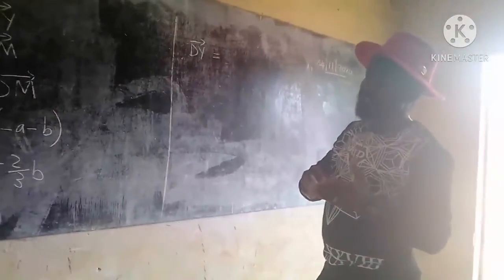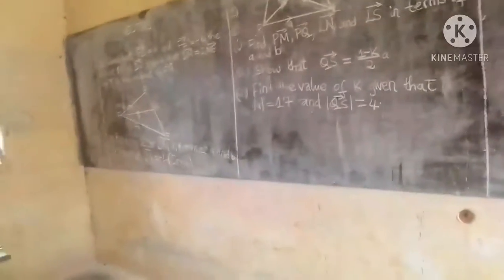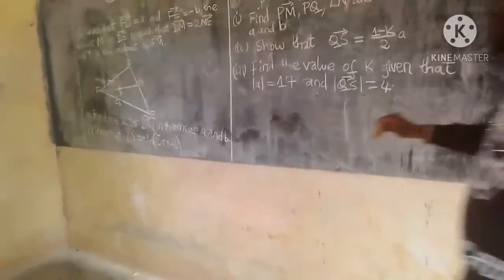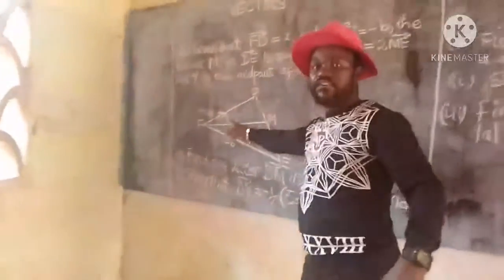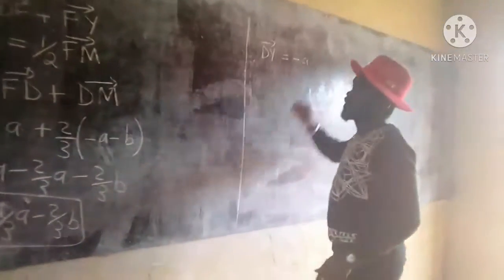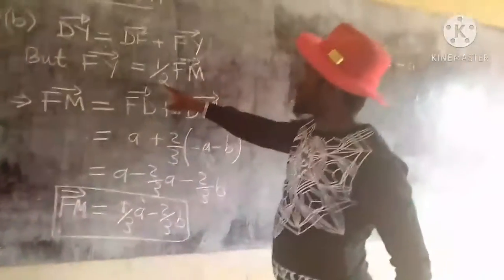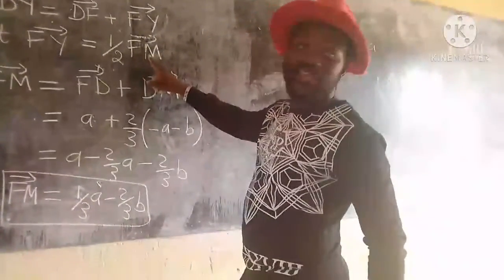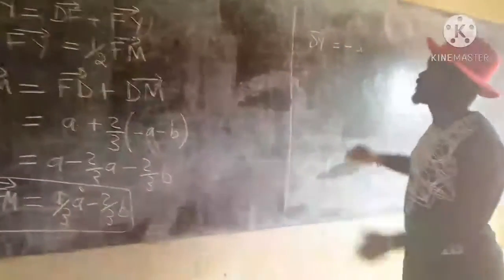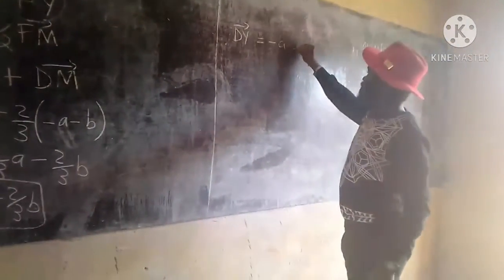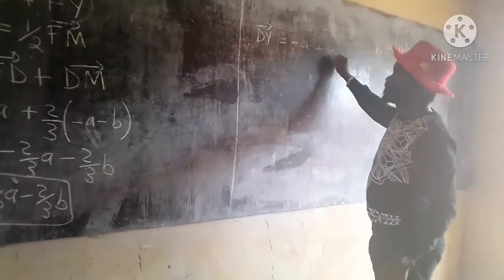Are we in the right direction? Look at the diagram. Df, are we in the right direction? We are not in the right direction, so you have to change the sign of this. You change the sign, so you're going to have minus A. We are done with this part. What about this part? We just calculated it to be half Fm. So you have plus half.